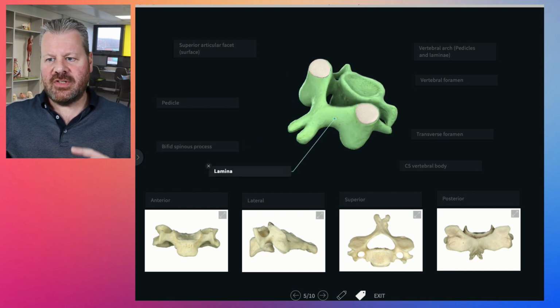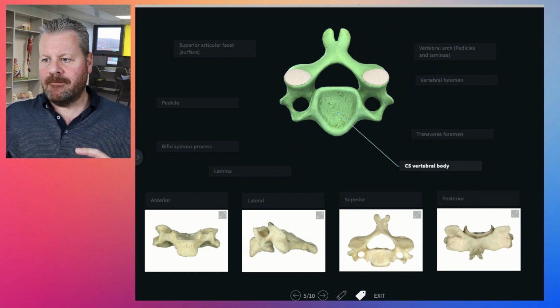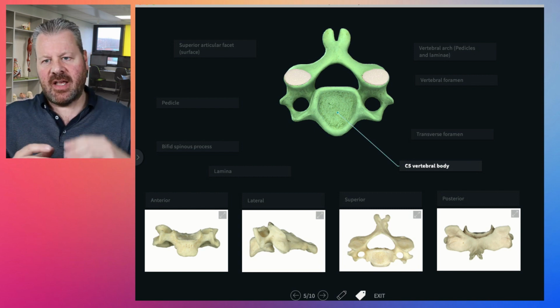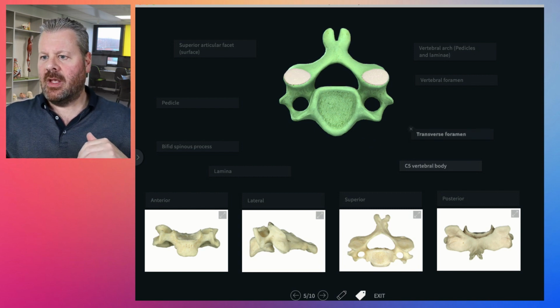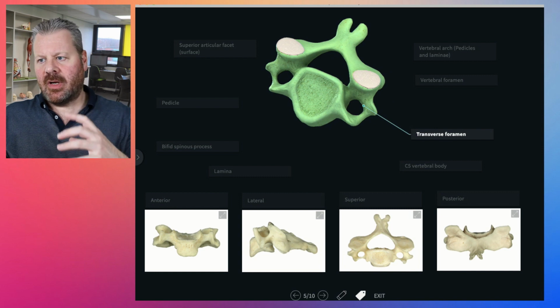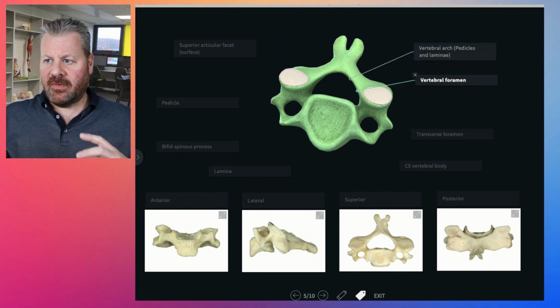We have a lamina, which is the section between the spinous process and the transverse process. We have the vertebral body, which again increases in size as we go further down the spine. The transverse foramen, where the vertebral artery sits, and the vertebral foramen.